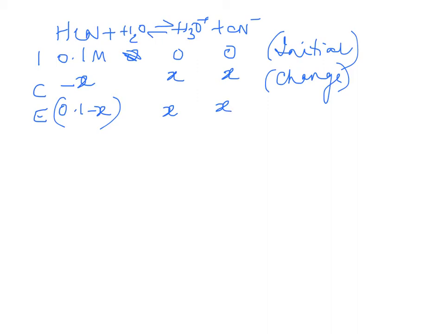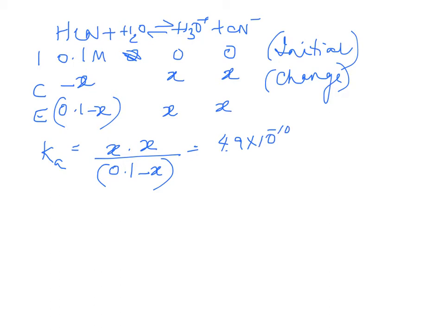And what that would tell you is that if you have your Ka set up, it's going to be X times X divided by 0.1 minus X, and that value has been given to be equal to 4.9 times 10 to the power of negative 10. Now, X squared over 0.1 minus X equals 4.9 times 10 to the power of negative 10.